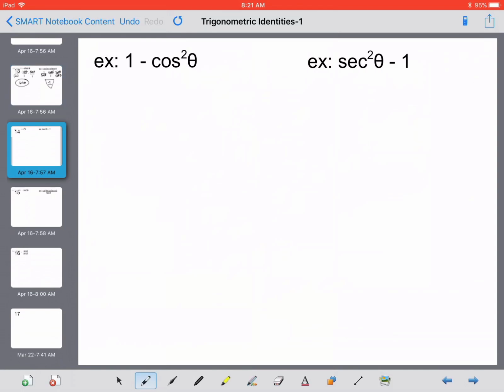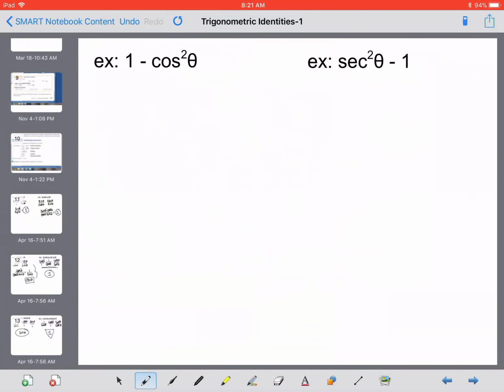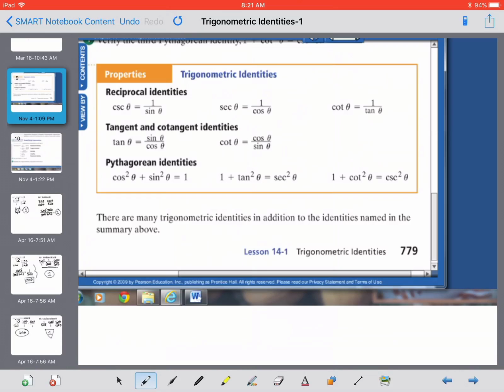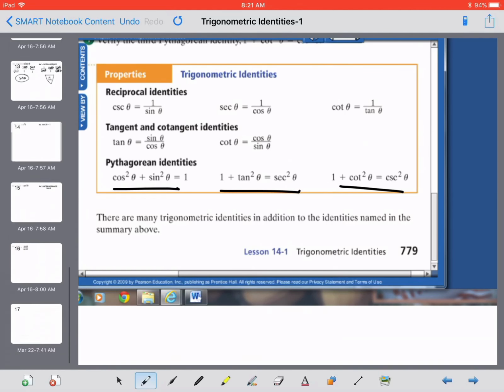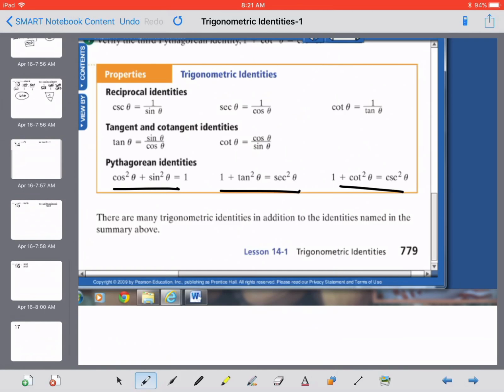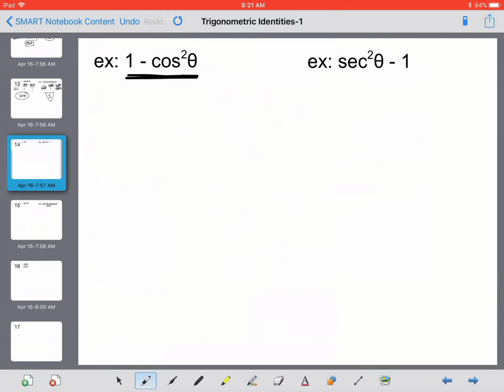Now, these two, we're going to get into the Pythagorean identities. So basically, I want to see which ones do they kind of resemble? Do they have similar trig functions? So like this first one here, I have 1 minus cosine squared.